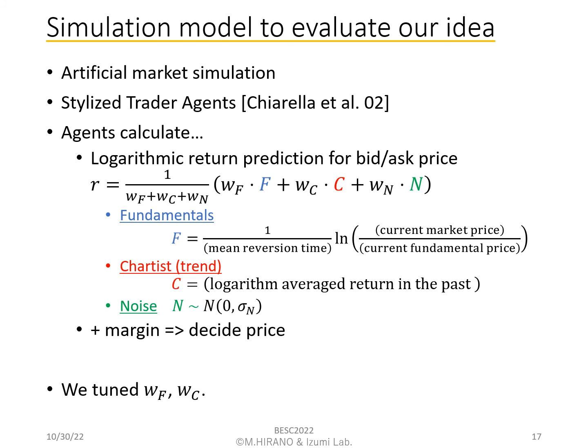A more detailed algorithm is shown in the paper, so please read that. And we tuned only two parameters, because this is a very early work of this proposed method.